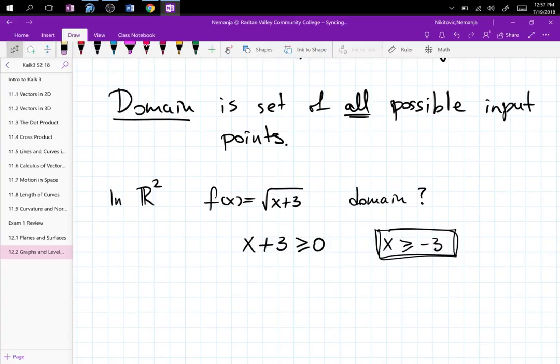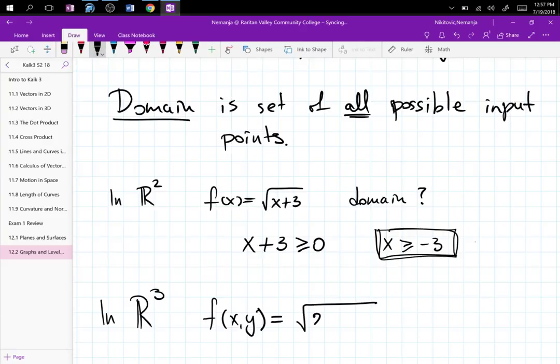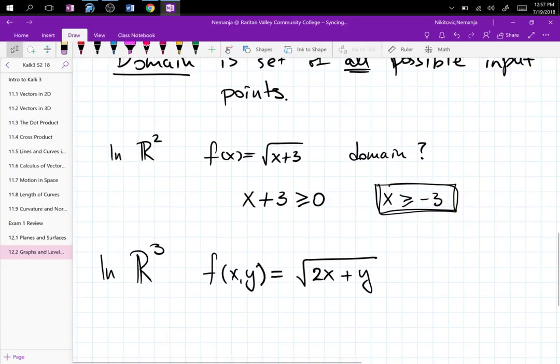Now in R3, your function f of xy, which is z, is going to be maybe given as, let's say, square root of 2x plus y. So this is what it's given as a function, and we are looking for domain.